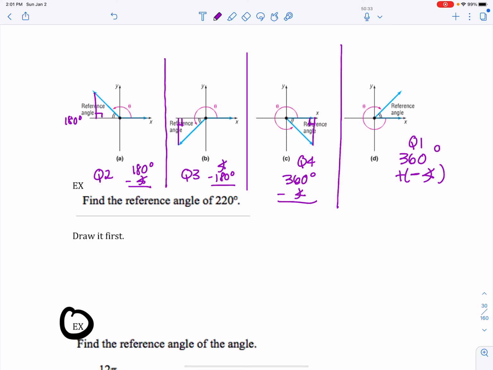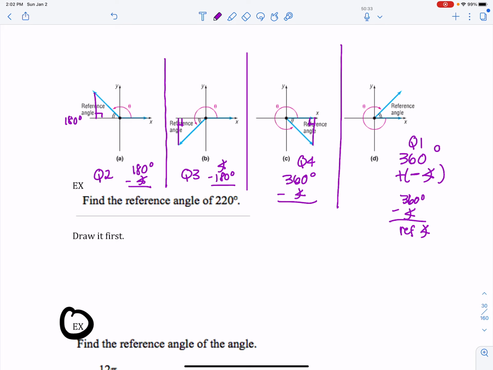And when you do that, you're going to get 360 minus the angle. And that'll give you your reference angle, okay? So that's how we do these. And once again, remember, you're creating a triangle with the x-axis as the base of the triangle.